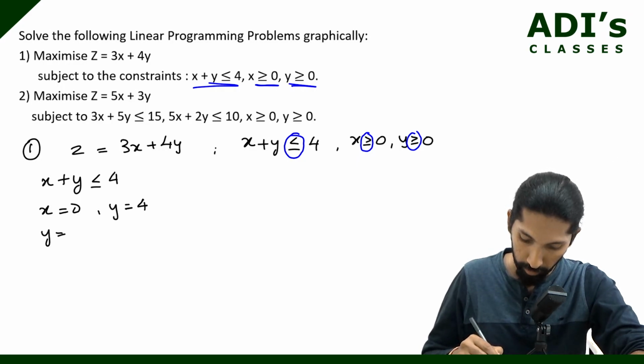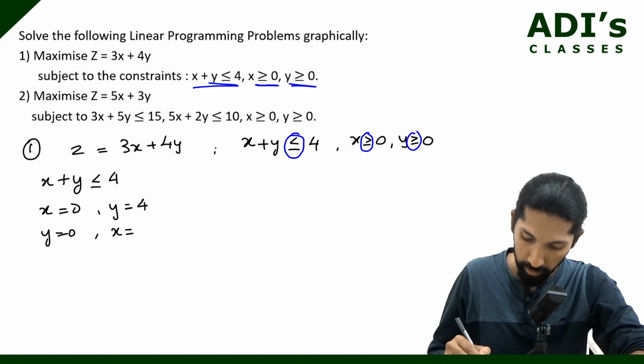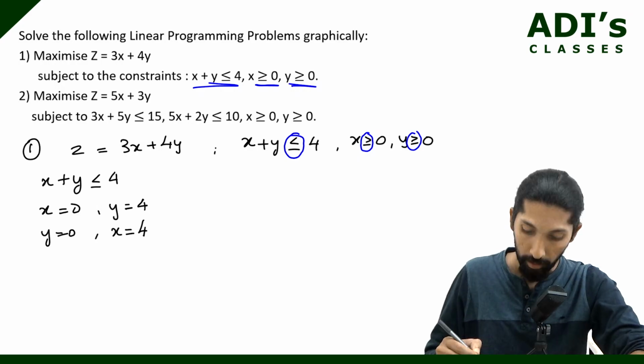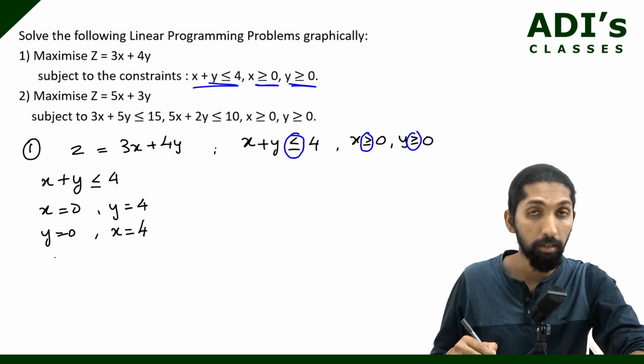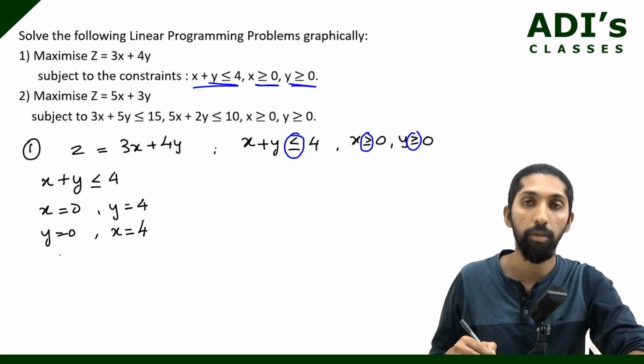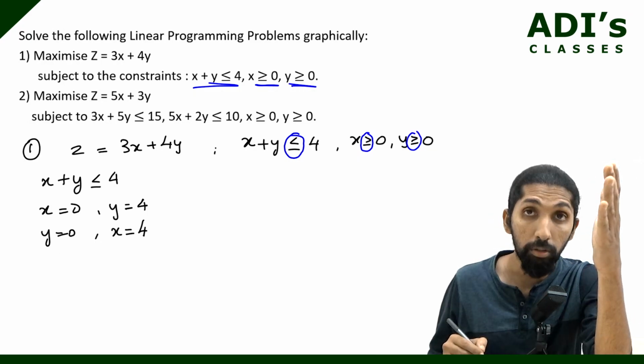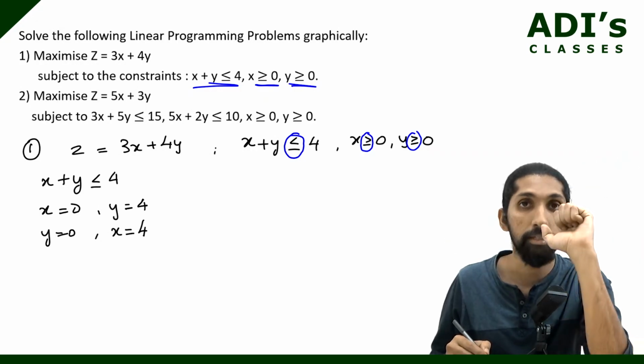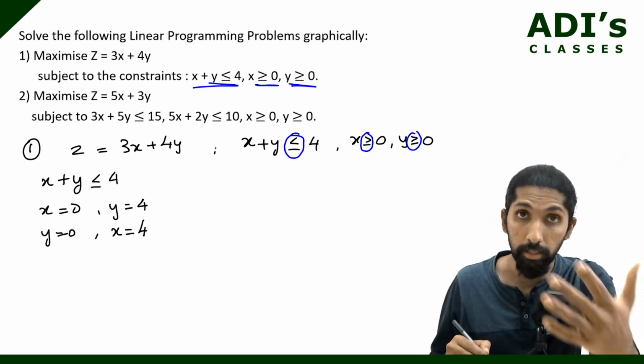Or when y is equal to 0, then x is equal to 4. Make sense? Now, x is greater than or equal to 0, y is greater than or equal to 0. x equal to 0 is the line of the y-axis, y equal to 0 is for the x-axis. So, we also have to take these two.